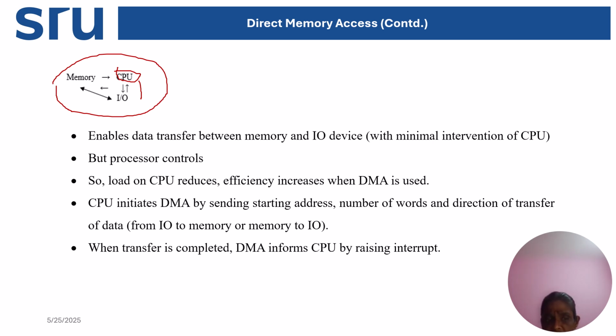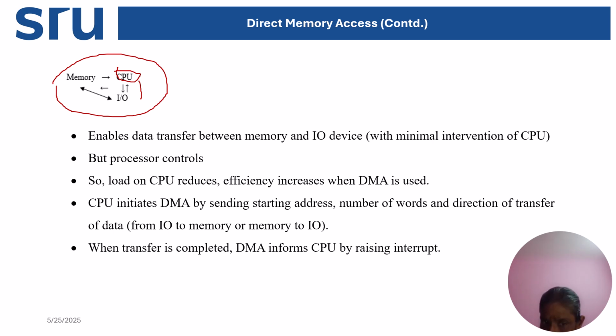The number of words in the block, and the direction of transfer, from IO to memory or memory to IO, these three are controlled by the CPU, the processor only.